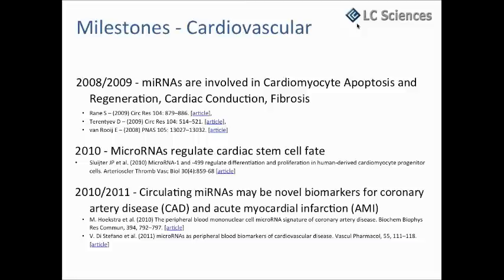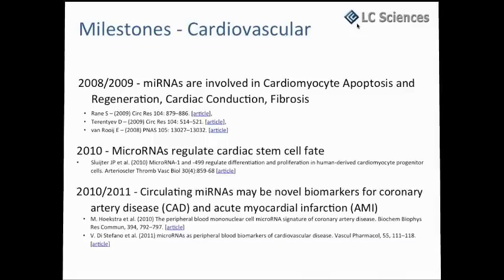And then as the entire field moves on from regular tissue samples to body fluids that can be used for very non-invasive diagnostic purposes, also in the cardiovascular field, circulating microRNAs were then described and their involvement in coronary artery disease and acute myocardial infarction. And I will briefly touch on the paper for both of these cases later.